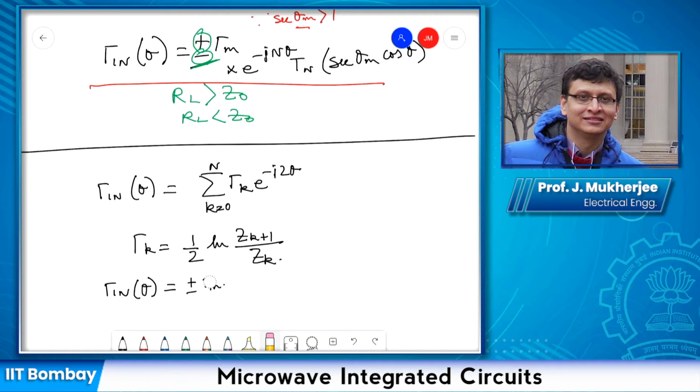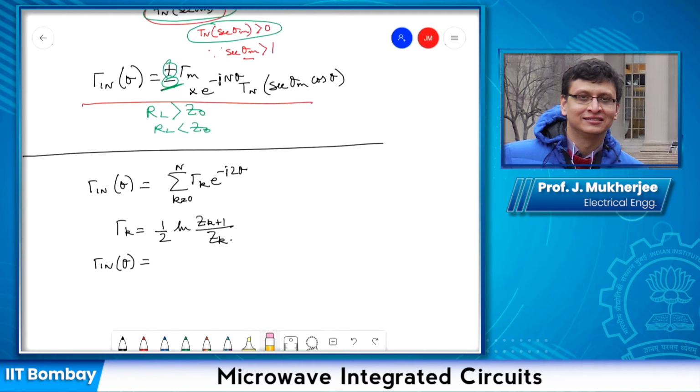Let me write it in terms of E. Right? Now here I have to obtain the expression for this theta m of this prototype function first.